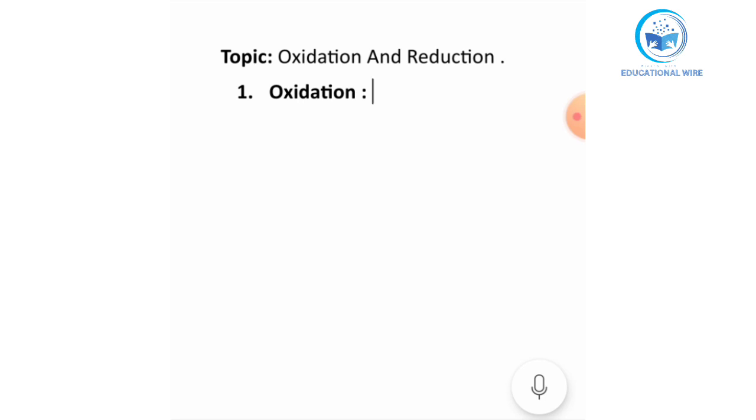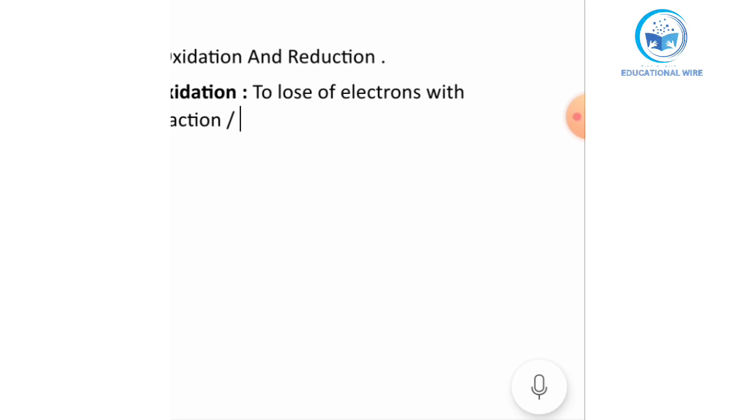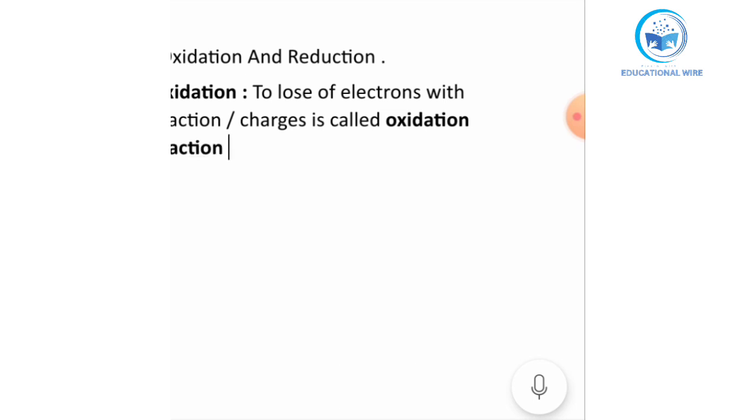So oxidation is a process in which we are losing electrons with reaction or charges. We can write here: loss of electrons with reaction or charges is called oxidation reaction.